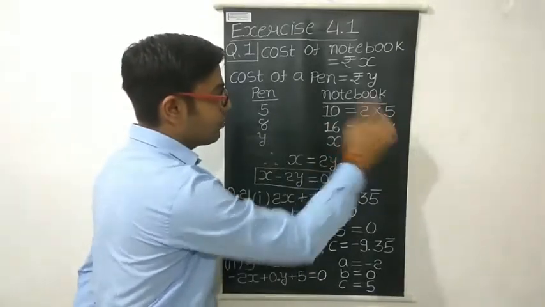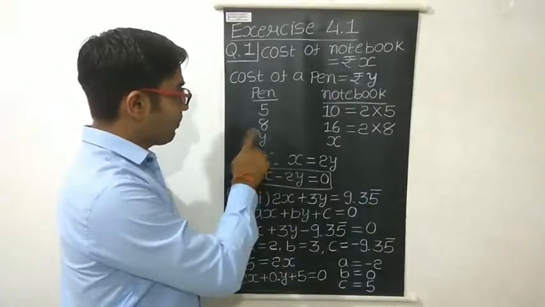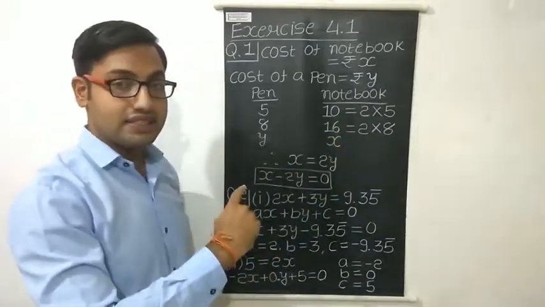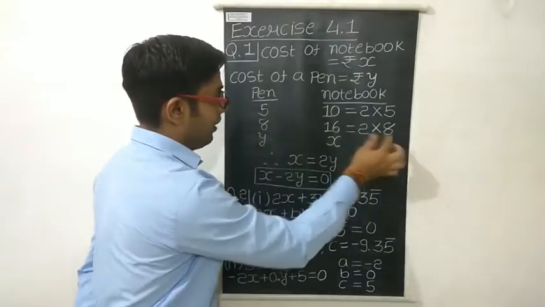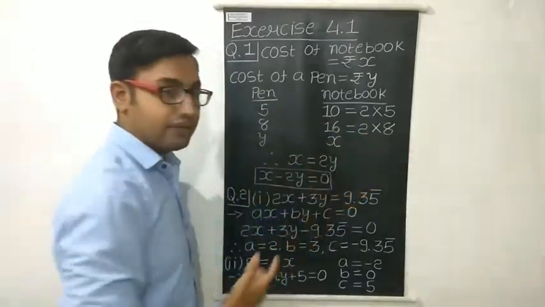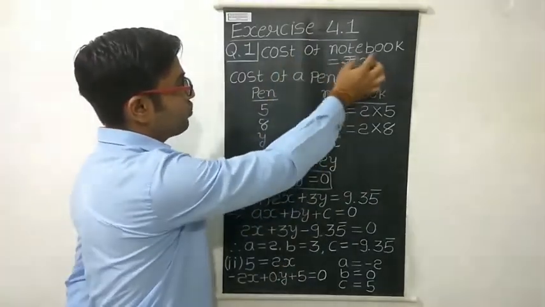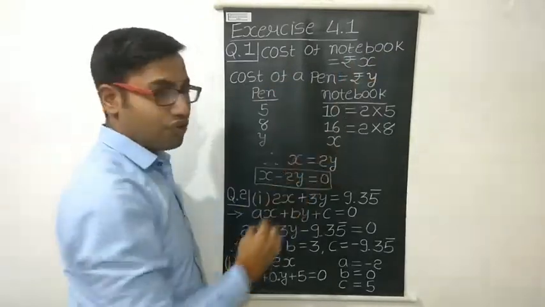So 2 into 5. We can write down 10 as 2 into 5. If the cost of a pen is 8, then the cost of a notebook becomes 16, because why? Twice the cost of pen. So 2 into 8. Now by comparing this, if the cost of a pen is y, then what will become the cost of x?